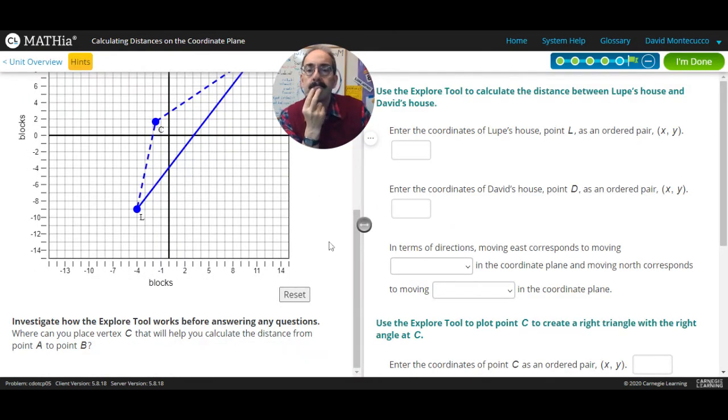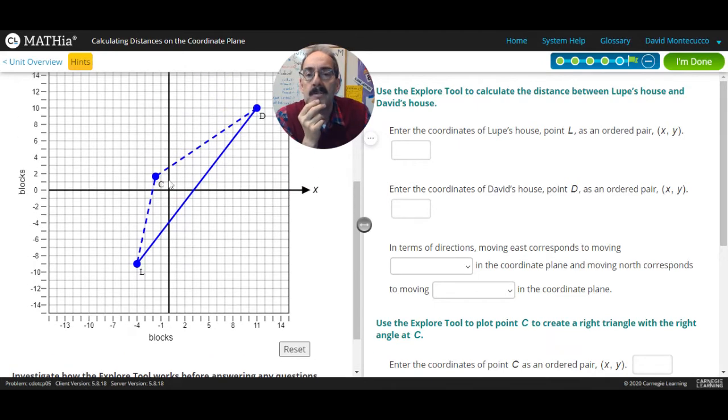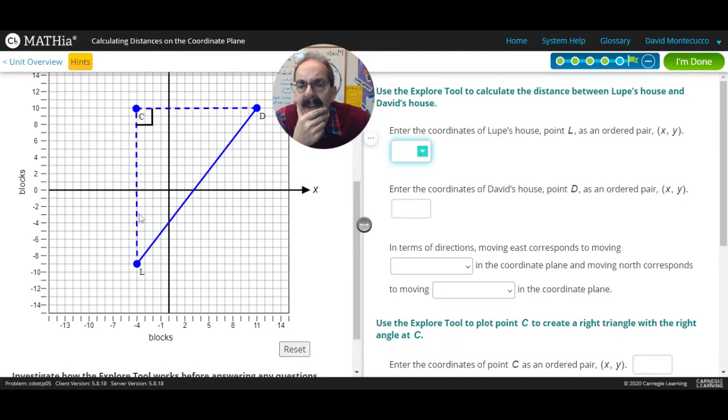Looks like it. Okay, so again, scroll it up. Make a right triangle. There we go. And it tells us that it's right. It gives us the code. So Lupe is -4, -9.